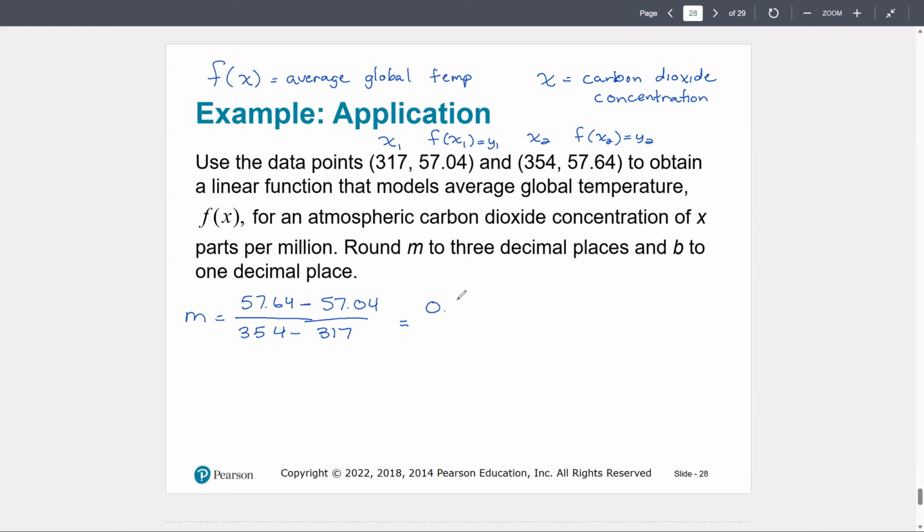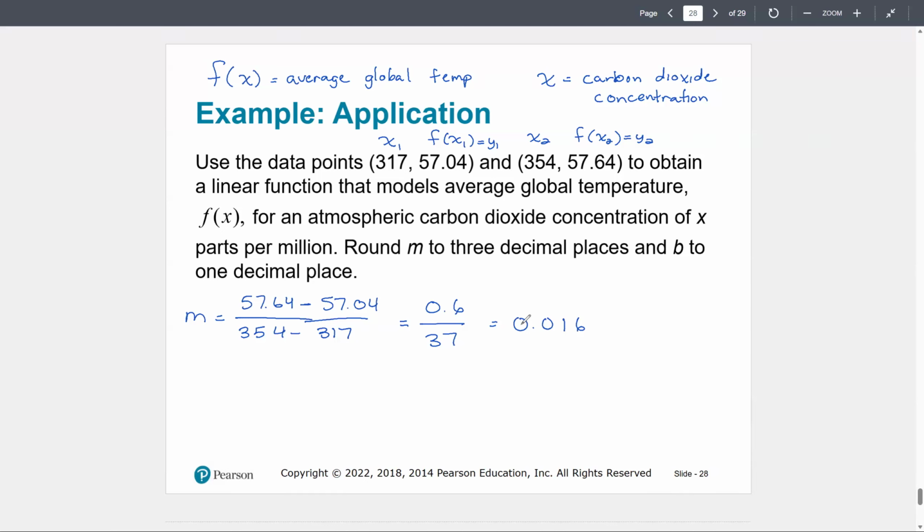So on top, we're going to have 0.6 left over. On the bottom, 354 minus 317, we're going to have 37. So put in your calculator 0.6 divided by 37. How many decimal places?